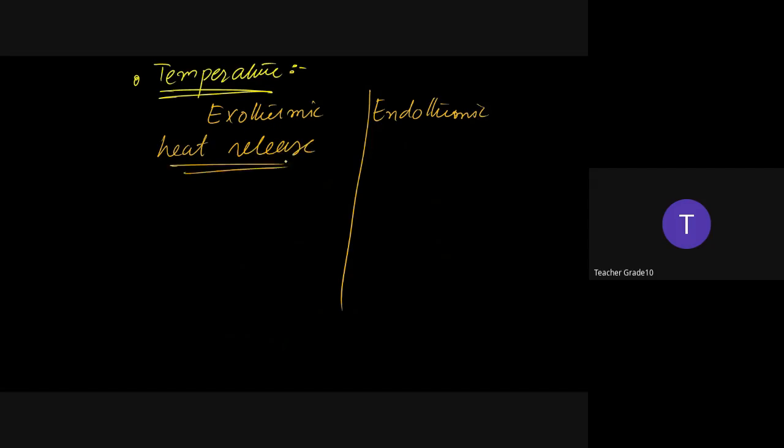And if you have an endothermic reaction, heat is absorbed in this reaction. So if the heat is already being released, we don't need to give heat. You just take the temperature low. If the temperature is low, the product will be higher.